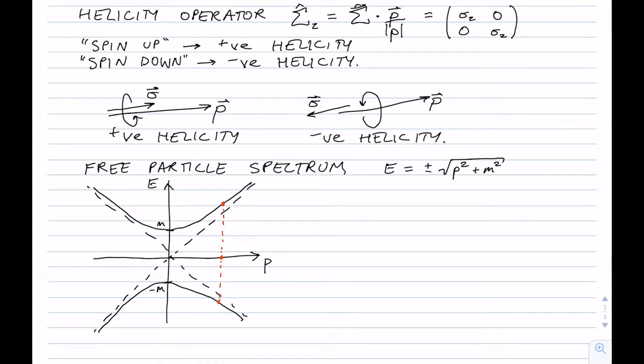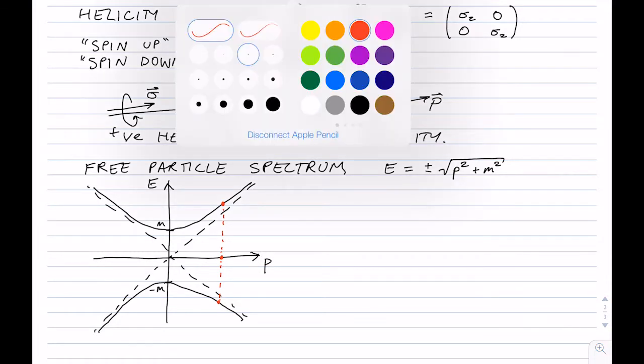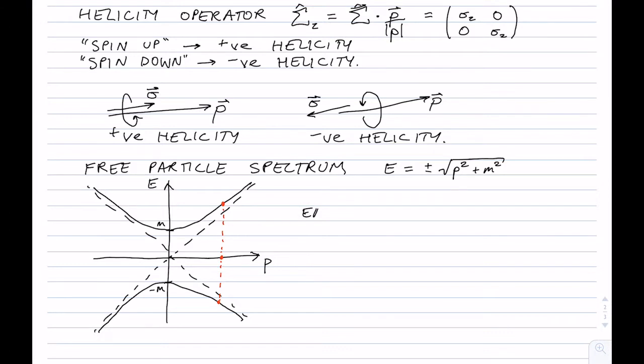And each level, so every point here, is doubly degenerate, because of the helicity or spin, right?